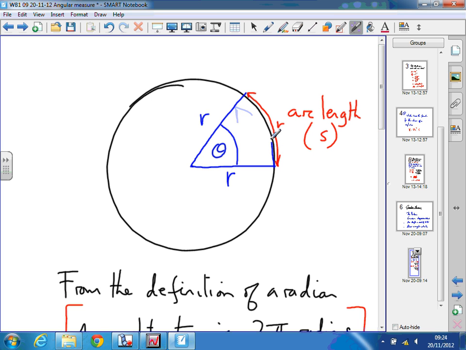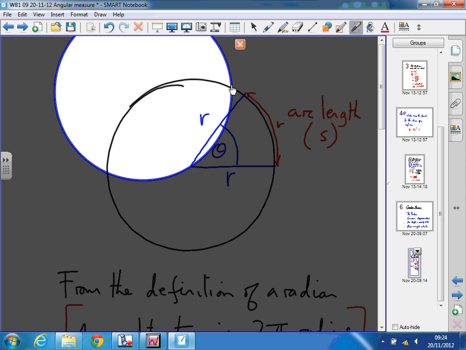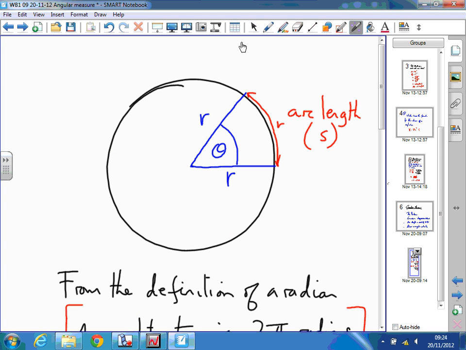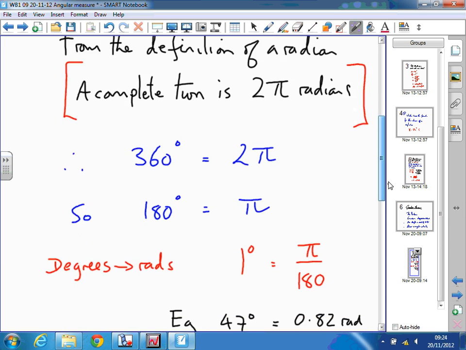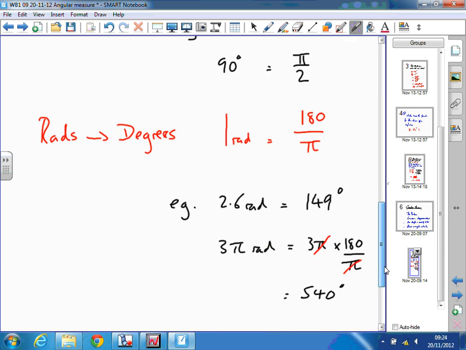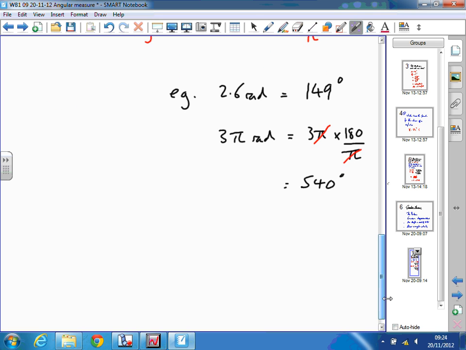We've turned through 360 degrees plus another 180 degrees, right the way around and back again, which gives us a turn through 540 degrees. If I could do 2 complete revolutions, that would be 2 lots of 360, 720 degrees, or 4 pi. So we talk about complete turns, and that's what we're going to be coming on to very shortly, this idea of rotation. So that's how we convert from degrees to radians and radians to degrees.